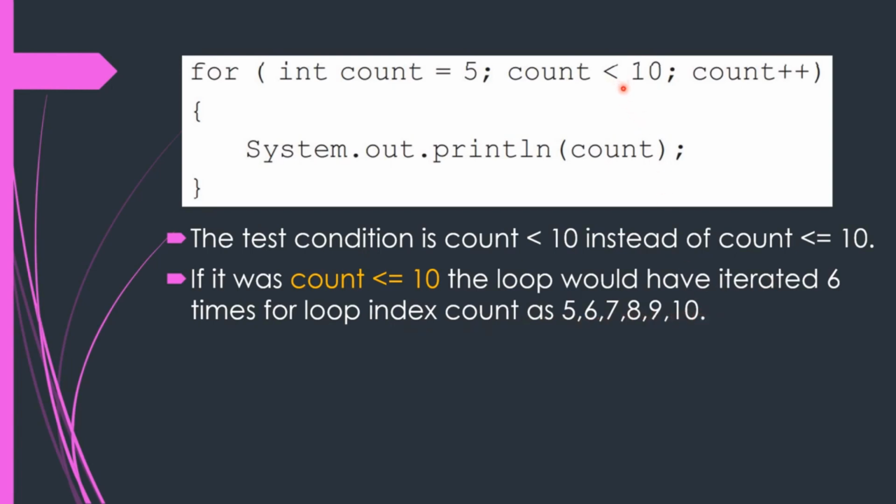So the test condition is different, that is count less than 10 and count less than or equal to 10. Both of these are different things, and if this count less than or equal to 10 is placed here in the place of count less than 10, then what will happen? The loop would iterate or would pass through 6 times.